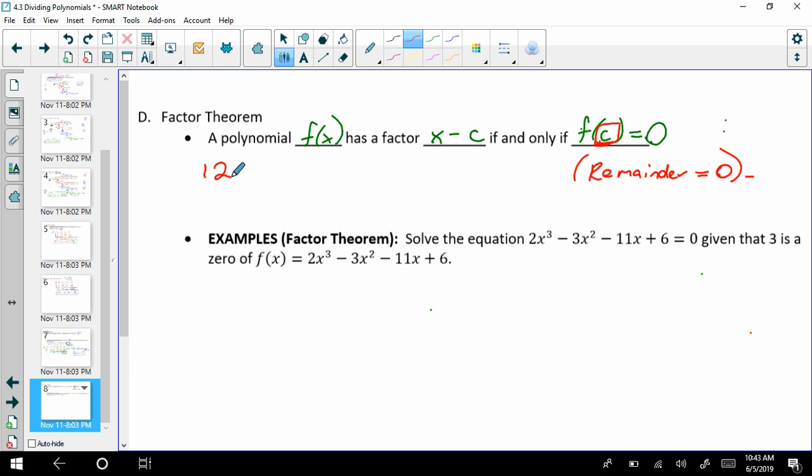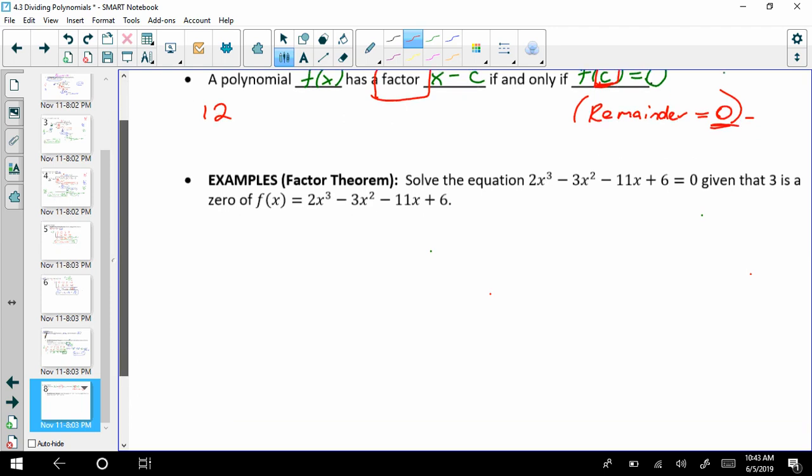You would say yes, because 12 divided by 6 is 2. It divides in cleanly. There's no remainder. That's all this rule is saying. If something is a factor of something else, when you divide it in, you better get a remainder of 0. If you don't get a remainder of 0, it's not a factor.